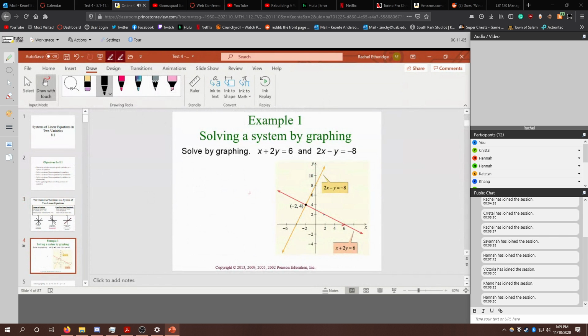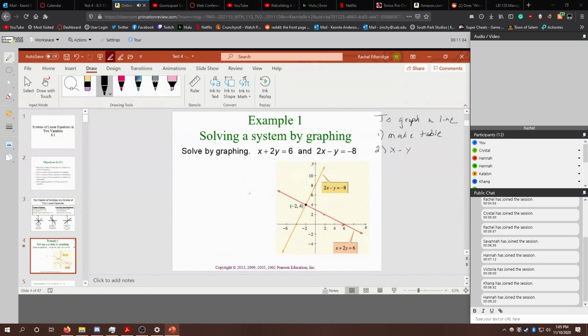And if you remember back when we were graphing, we had three methods for graphing lines. We had making a table. So to graph a line, back from chapter 1, we can make a table. That's not the easy way.